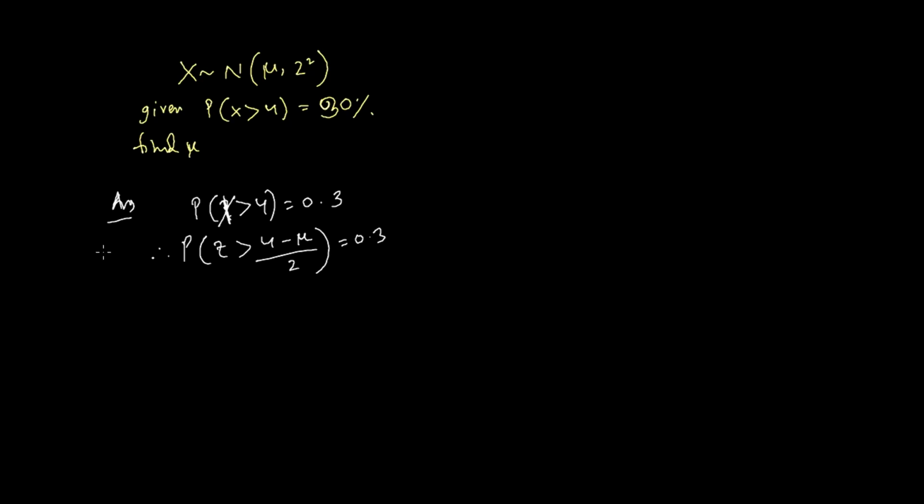Now what you have to do is you have to identify whether this thing is positive or not. So in this, it's always very helpful if you just draw a picture. So if you draw the picture of the standard normal distribution, because we have converted to z-score, so 30% means, and greater than means on the right hand side, and 30% means this is half, this is 50%.